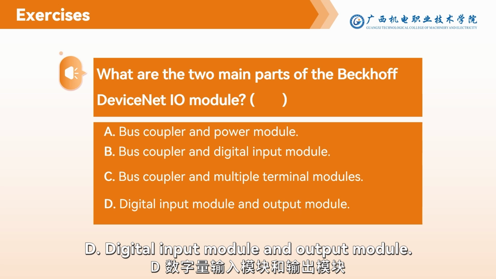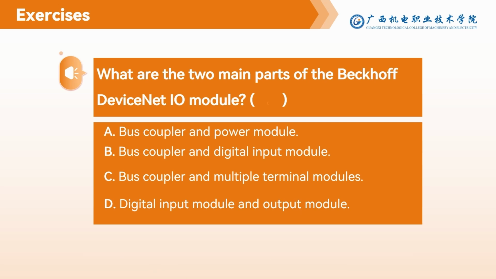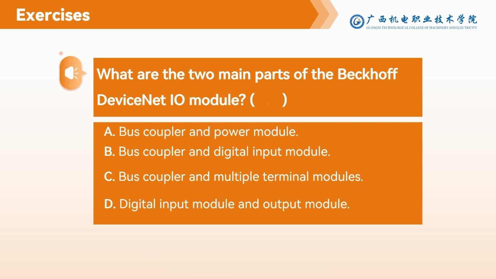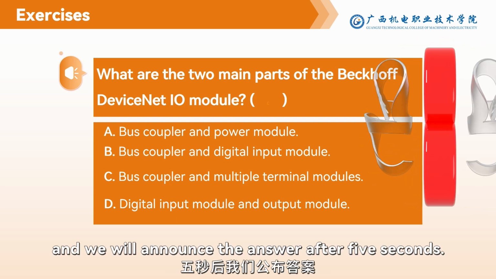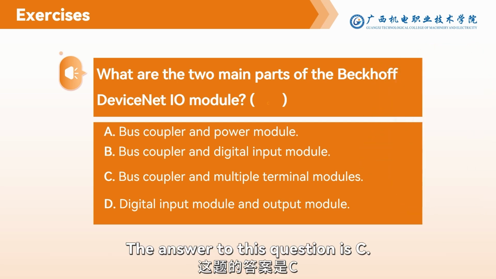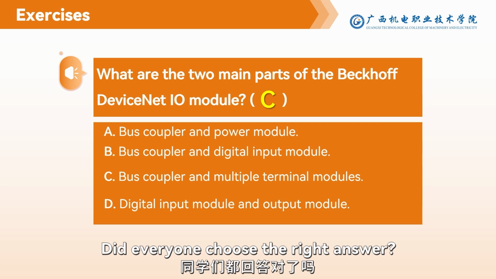D. Digital input model and output model. I will give you 5 seconds to think, and we will announce the answer after 5 seconds. The answer to this question is C.